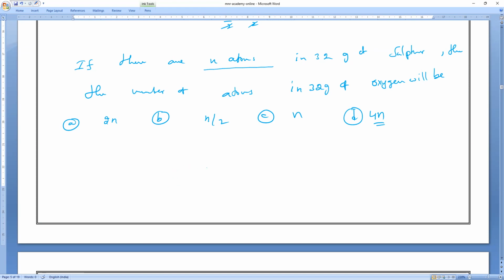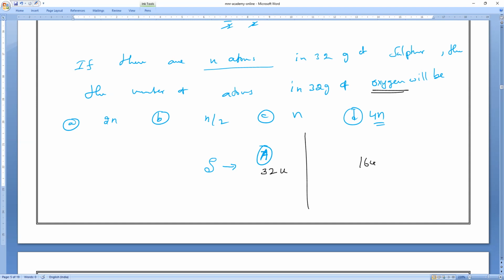What is the atomic mass of a sulfur atom? 32, sir. And the oxygen atom, what is the atomic mass? 16.